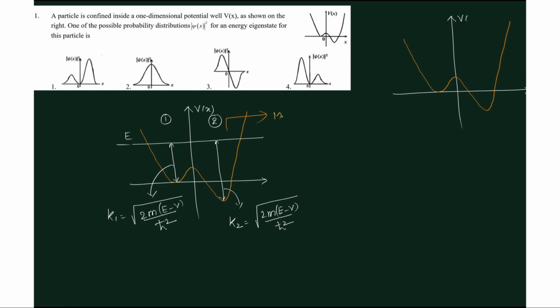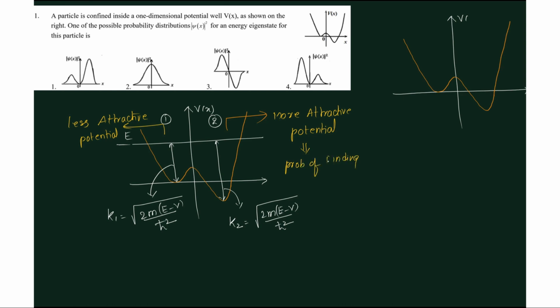This is a more attractive potential, and this first region is a less attractive region or potential. Whenever a particle is moving in a more attractive potential, there we will find the particle with more probability.